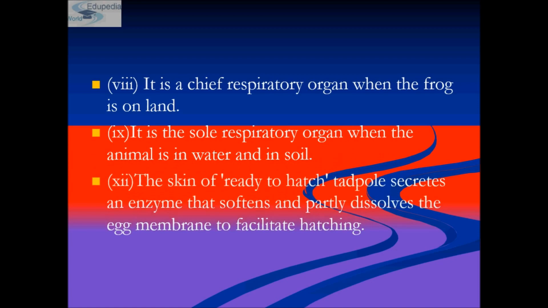Now, what's another function? As we know, the skin of a ready to hatch tadpole, the tadpole being a younger stage of the frog, secretes an enzyme that softens and partly dissolves the egg membrane to facilitate hatching. That means tadpoles are under the envelope, or you can say they are under the egg membrane.